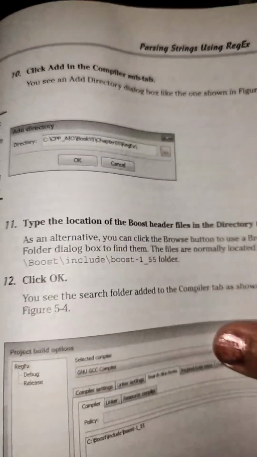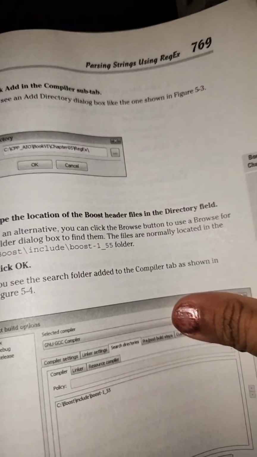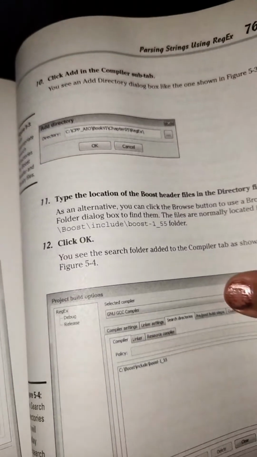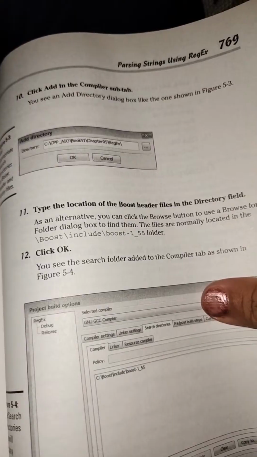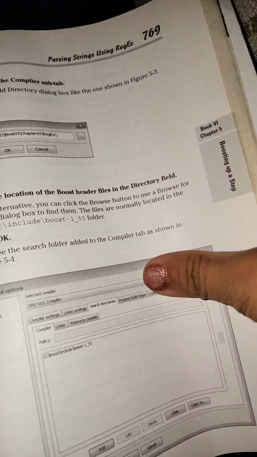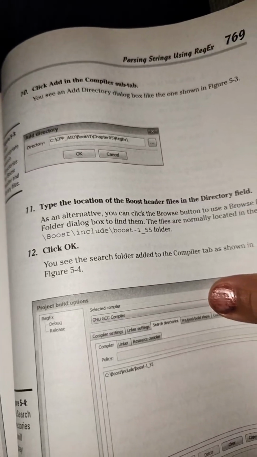11. Type the location of the boost header files in the directory field. As an alternative, you can click the Browse button to use a Browse for Folder dialog box to find them.